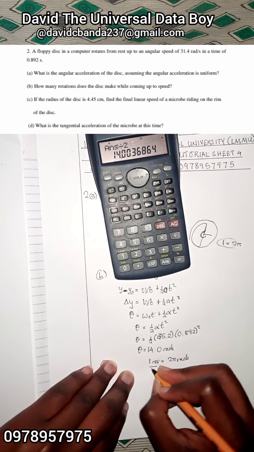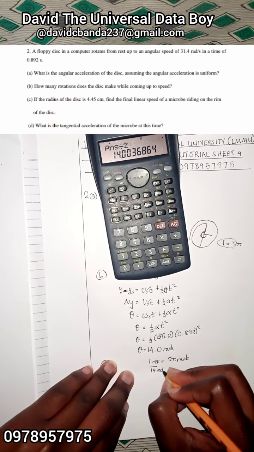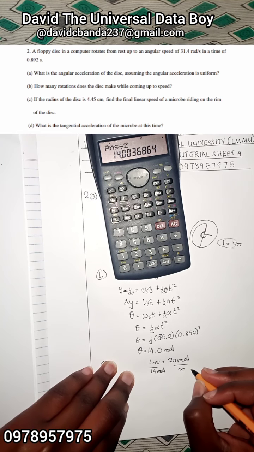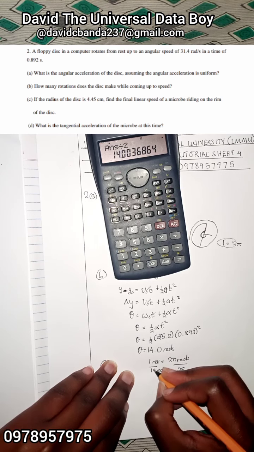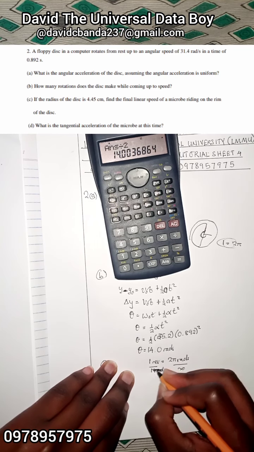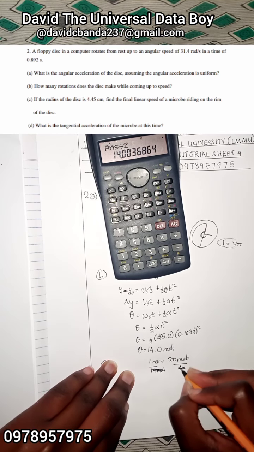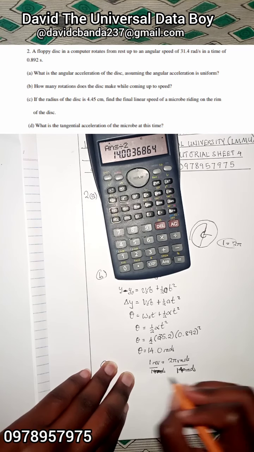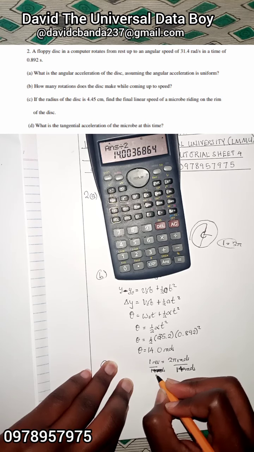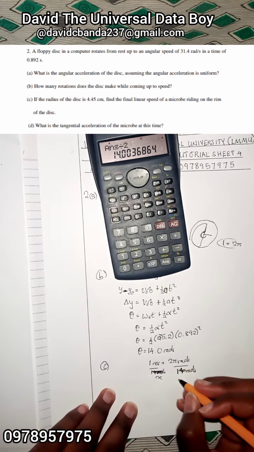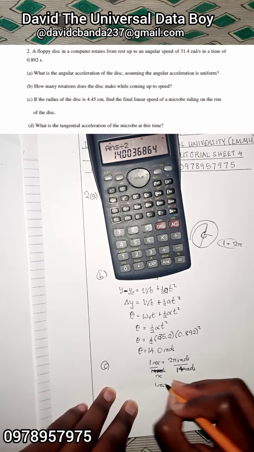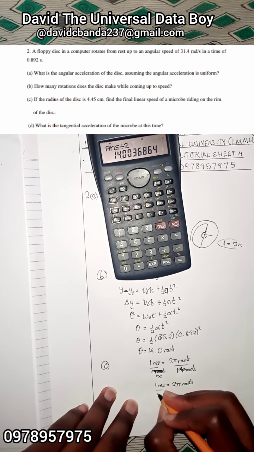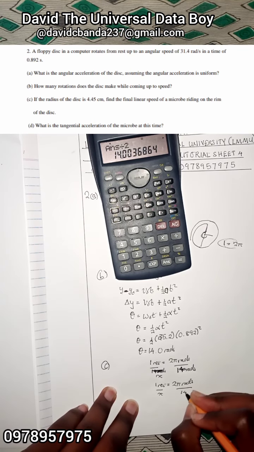Thus the 14 rads will be there, and then we'll be finding the number of revolutions, which you can write as our x. So to write this, 1 revolution is equal to 2 pi rads over x over 14 rads.